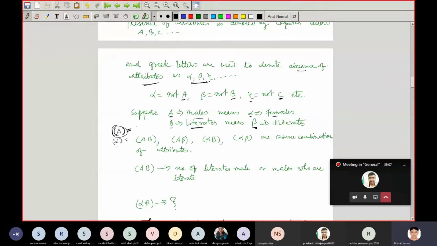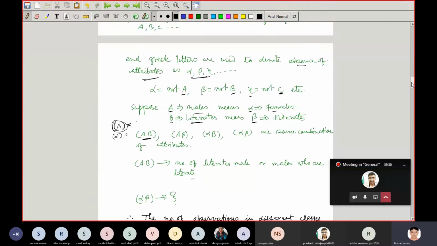Now let us make a class. Suppose this is a class having the characteristics A and B both. So what does it mean? A means males, B means literates. So AB is the class of those males who are literate, the number of literate males. Getting it, students?